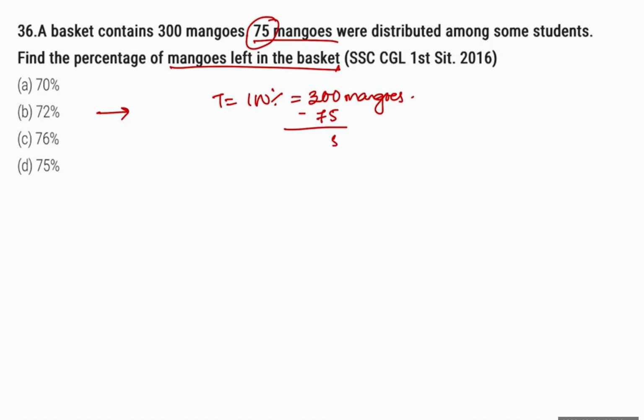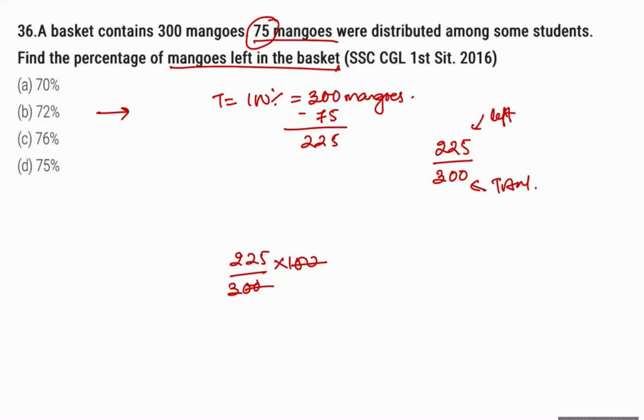To find the percentage left, the left quantity is 225 and the total is 300. So 225 divided by 300 into 100 percent.